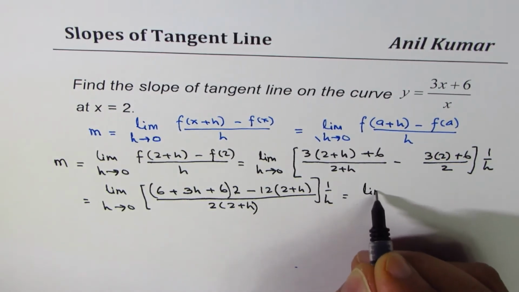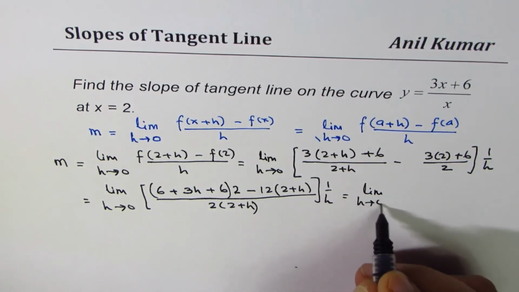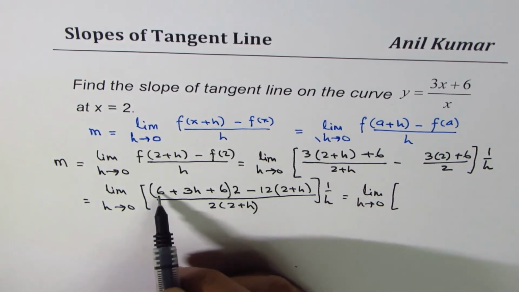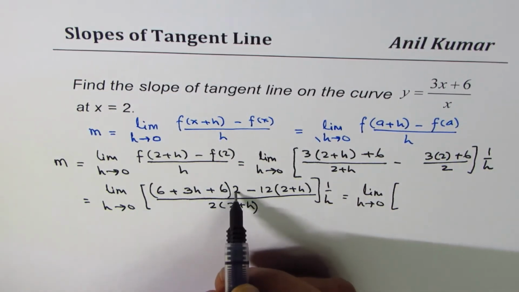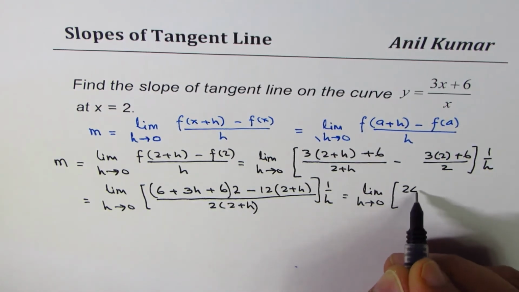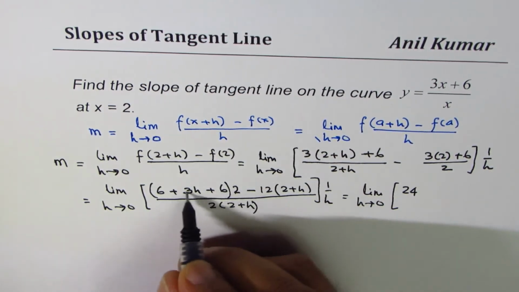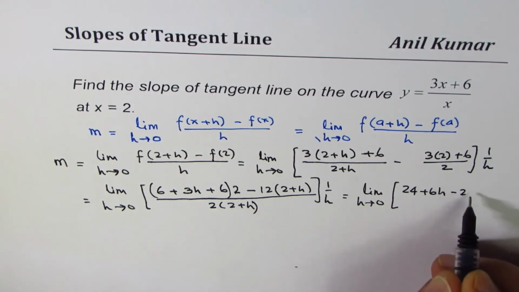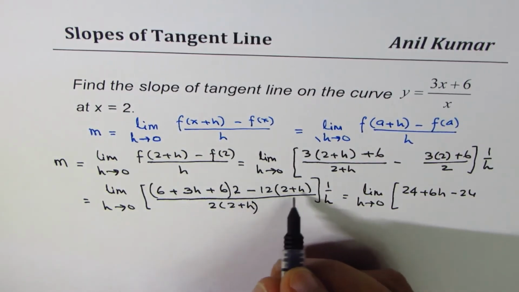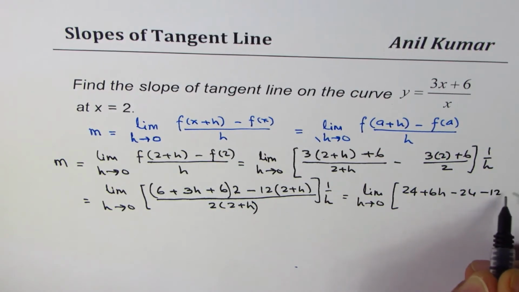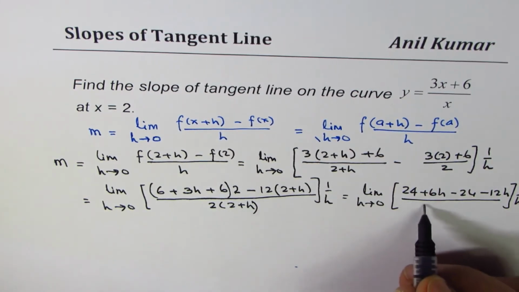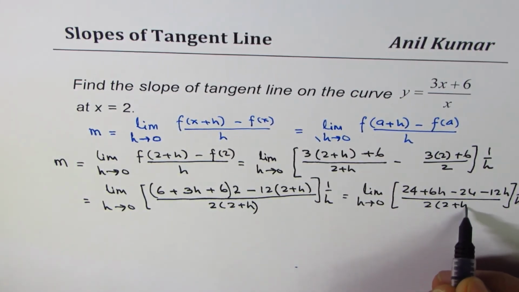Okay, so we get limit h approaches 0, and what we have here is 6 plus 6 is 12, 12 times 2 is 24, right? So we have 24 plus 6h, and here we have minus 24 and then minus 12h, times 1 over h, divided by 2 times (2 + h).